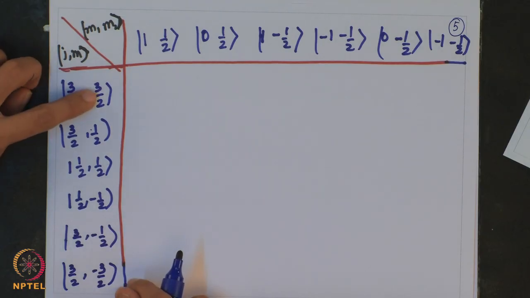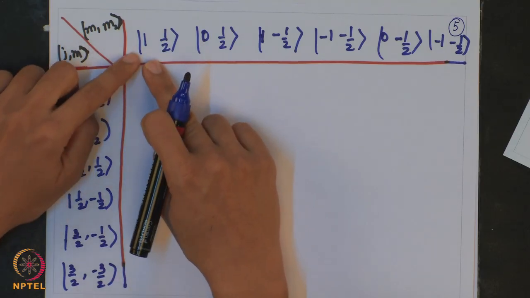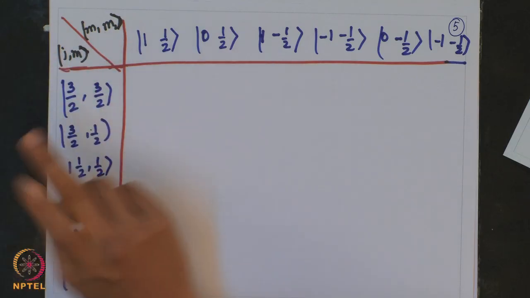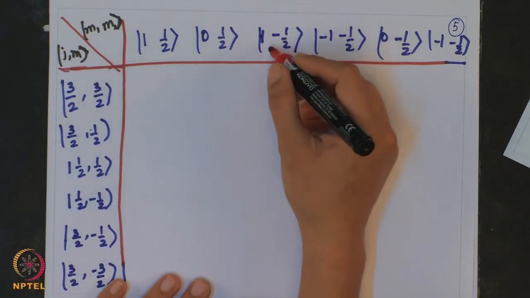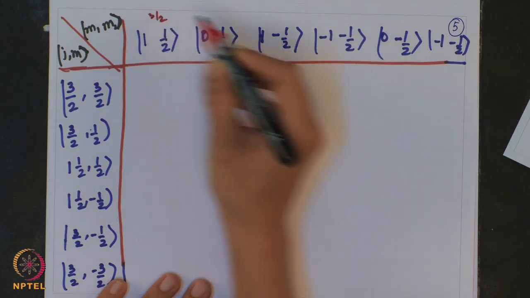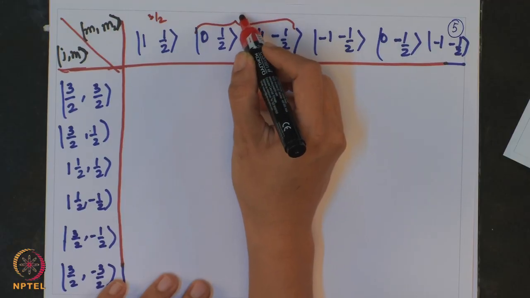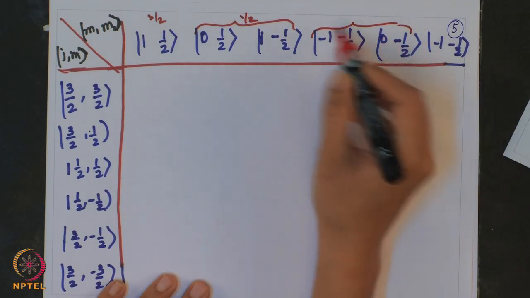For the highest state, the maximum M value, that is M1 plus M2, is 3/2. Here the maximum M value is 1/2, and this will also give me 1/2. So here M is 3/2, here M is 1/2, and here M is minus.